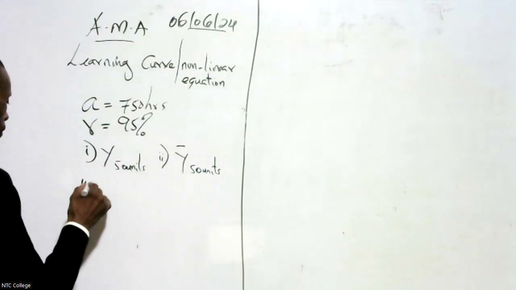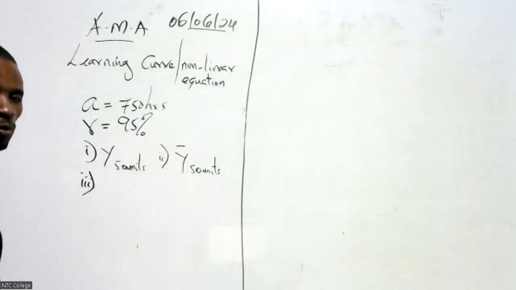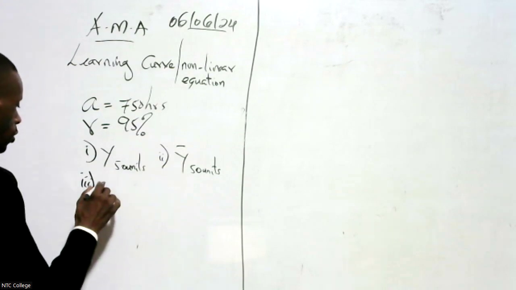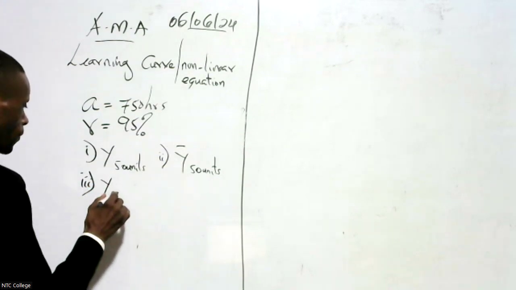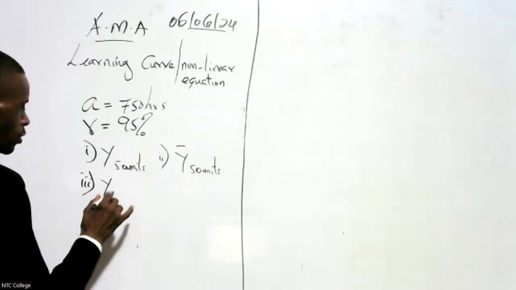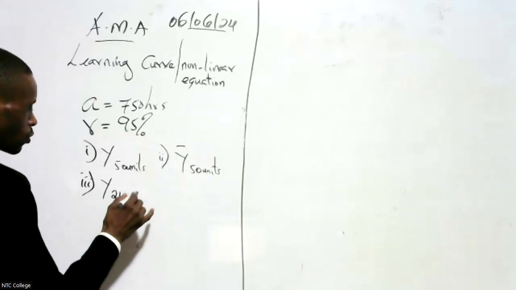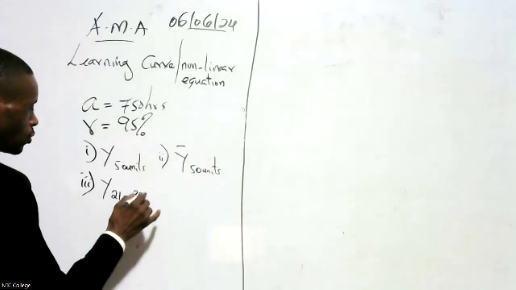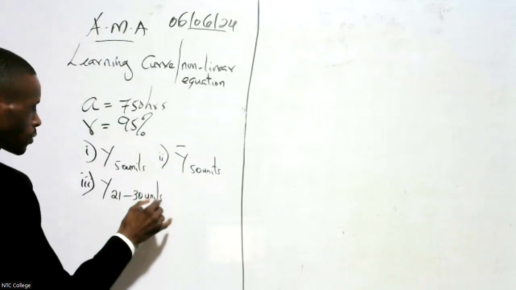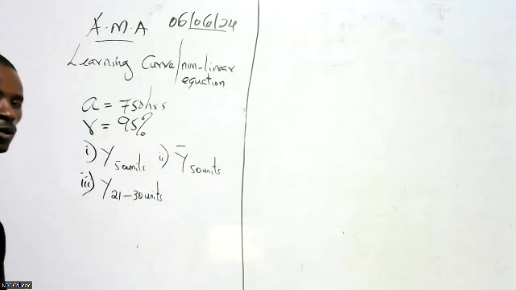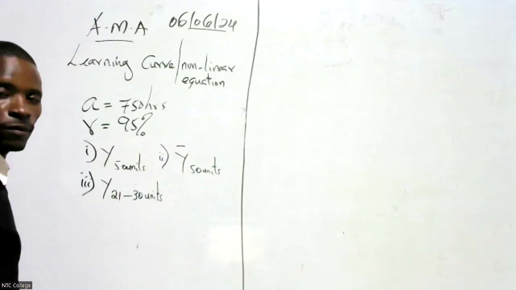Roman 3 is the time taken to produce units 21 to 30 units.